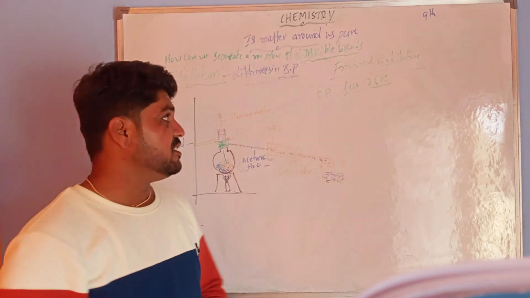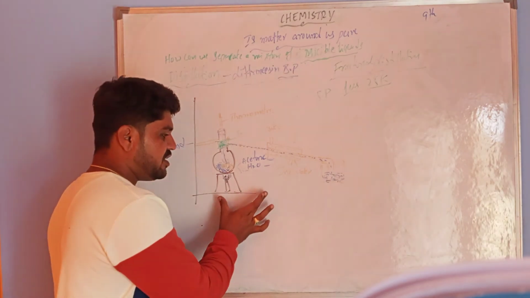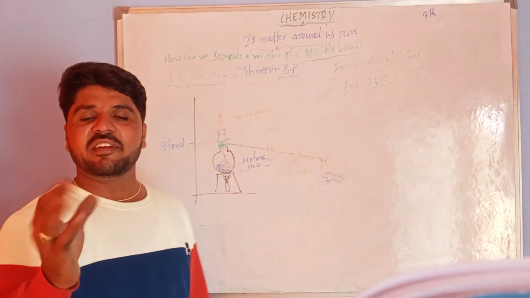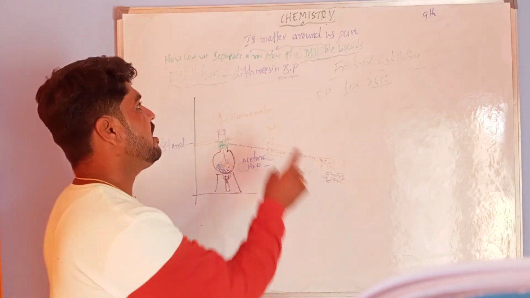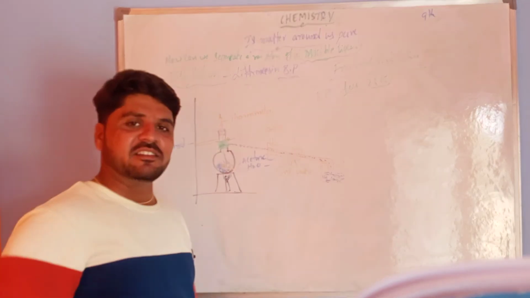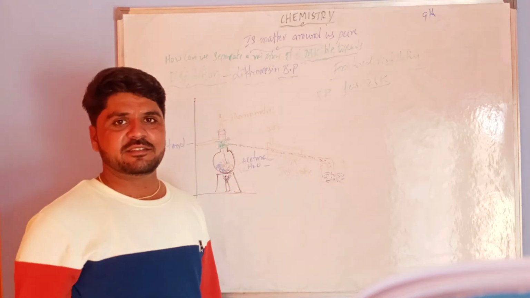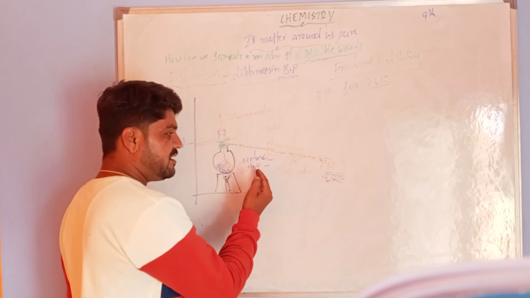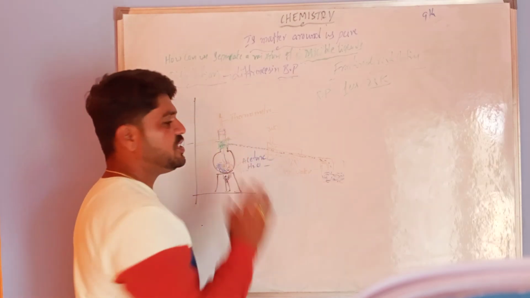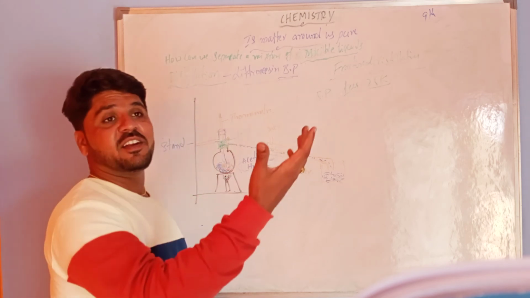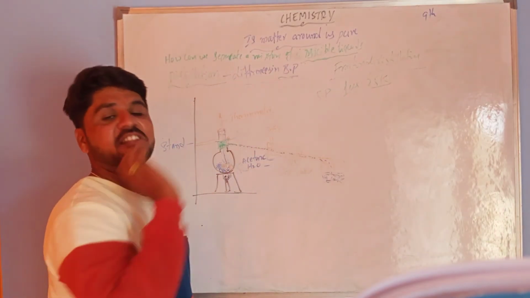Fractional distillation is very important. The diagram is important, and the explanation is also very important. This is based on differences in boiling point. This is a very important point. The boiling point of water is different from acetone. Like that, the boiling point of oxygen is different from the other gases present in the air.